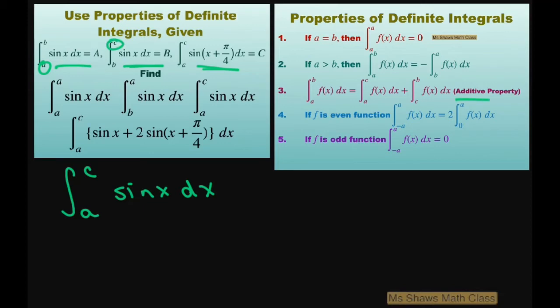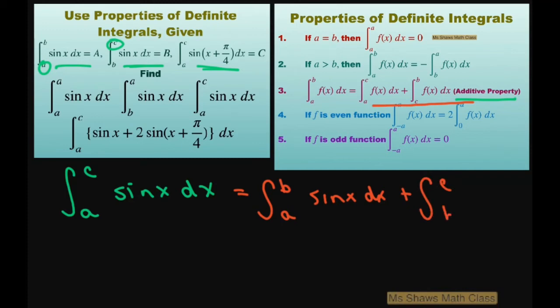That's called the additive property for definite integrals. So what I can do is rewrite this using this property. So I can go from b to a, sine of x dx, and then plus c to b, sine of x dx. My handwriting's gotten bad.